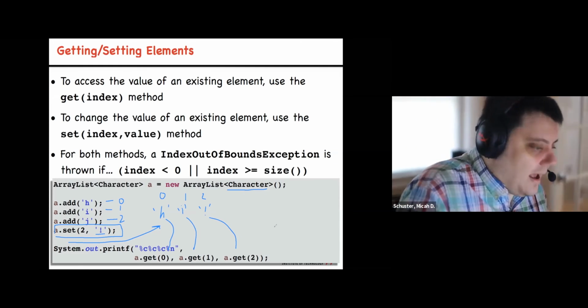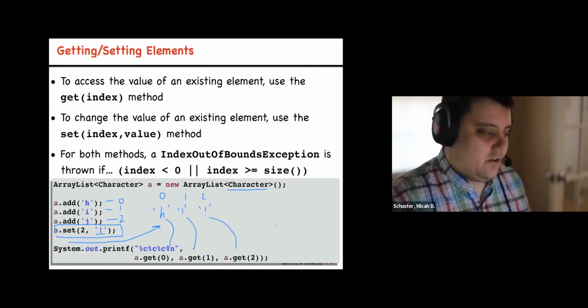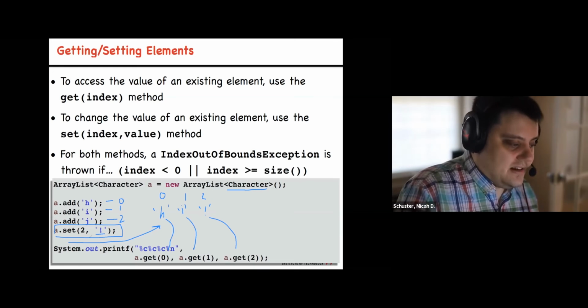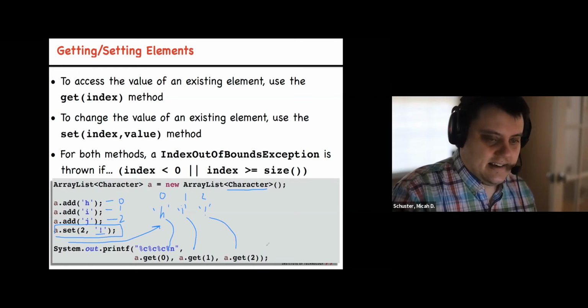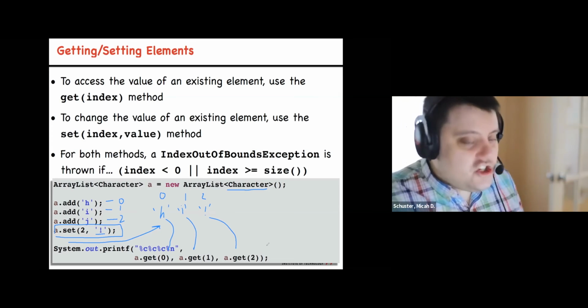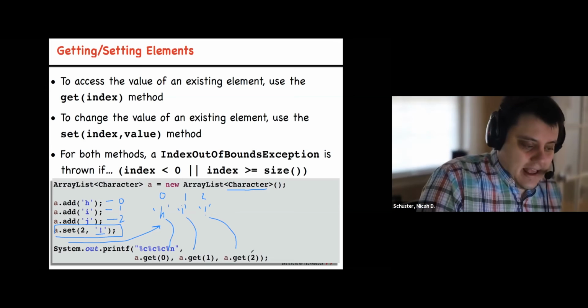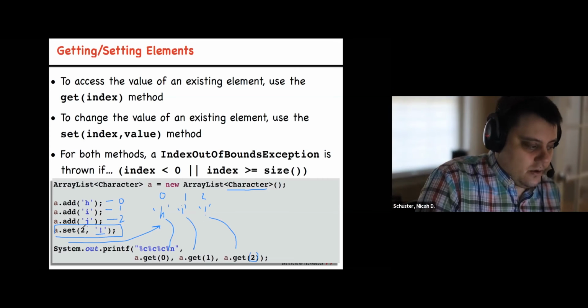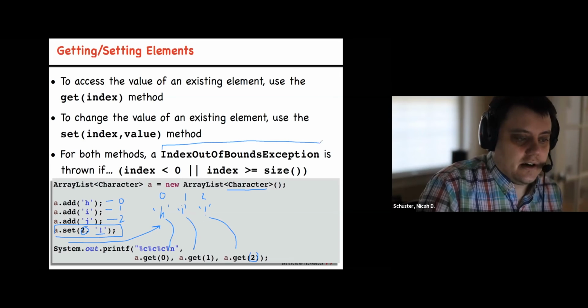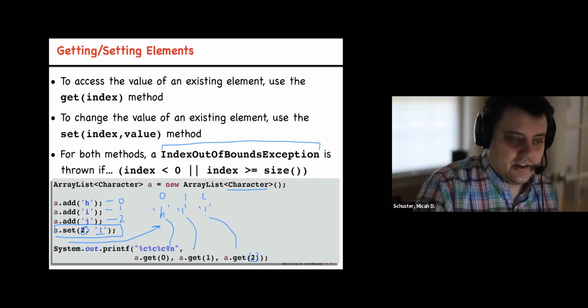So again, there's not a lot of difference here between using a regular array and an array list. It's just you have to get used to the methods that you use to get, set, and add elements. Because I can put any number in my get or in my set, you can still get an out of bounds error. In this example, if I try to set or get index 3, then it will say index out of bounds.